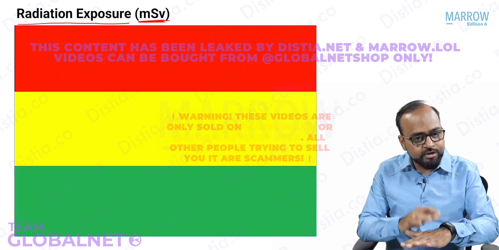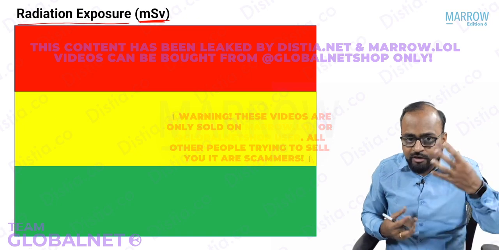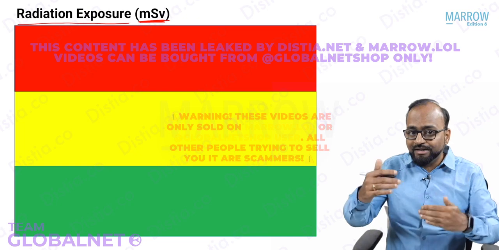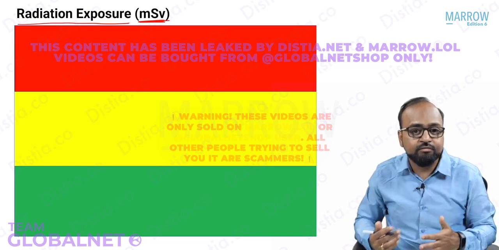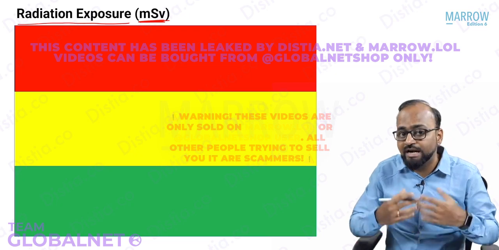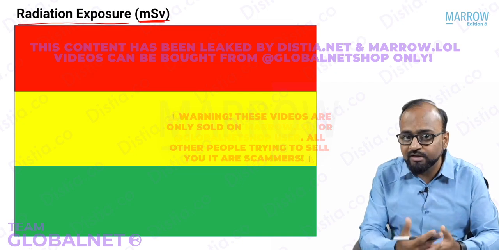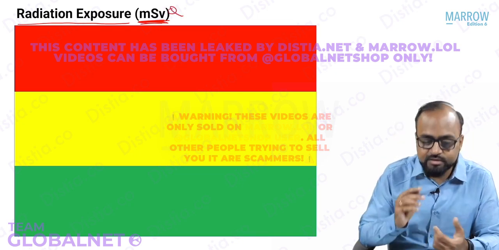That was the entity called absorbed dose. But the absorbed dose in different organs produces different effects, so we need to equate them. We need to create an equivalent dose so that when we think about radiation-induced adverse effects, the absorbed dose equivalent is superior, and therefore the unit used here is millisieverts.